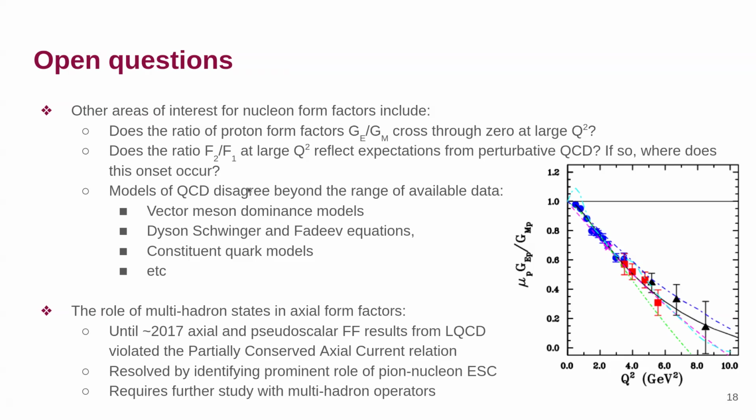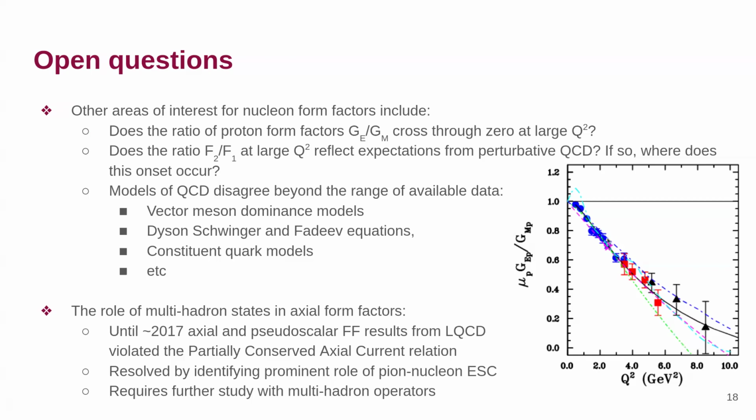And then another point is that there are other ways of studying QCD using different models to describe it, such as vector meson dominance models, Dyson-Schwinger equations, constituent quark models, and those will give us different expectations for the form factors, and those have been depicted as the different colored and different patterned lines in this plot.